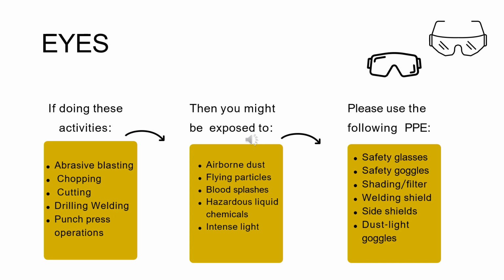If you are doing these activities: abrasive blasting, chopping, cutting, drilling, welding, punch press operations, then you might be exposed to airborne dust, flying particles, blood splashes, hazardous liquid, chemicals, intense light. Please use the following PPE: safety glasses, safety goggles, shading filter, welding shield, side shields, dust light goggles.